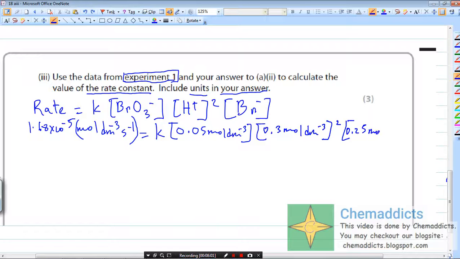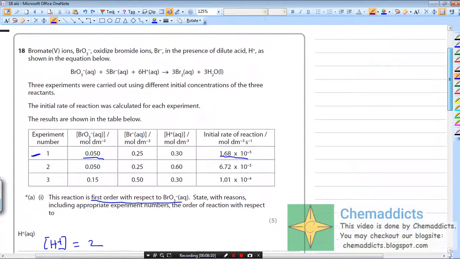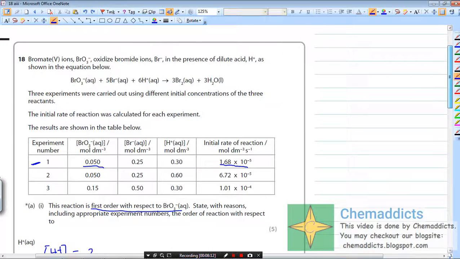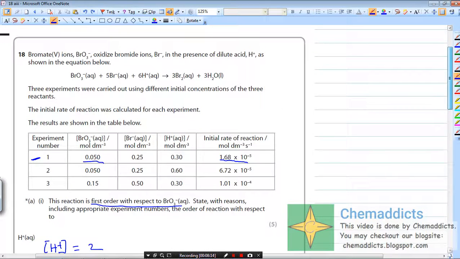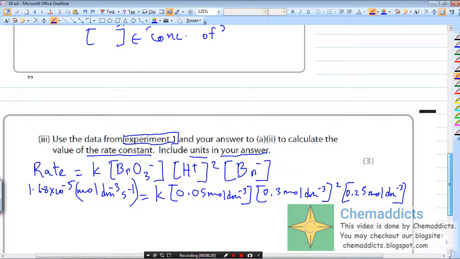Let's check it again: 0.3 for H plus and 0.25 for bromide. Yes, it's correct.